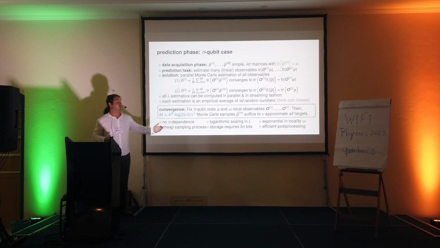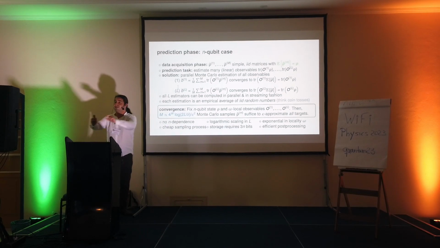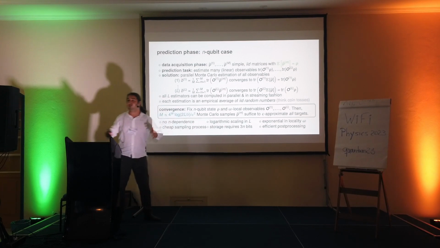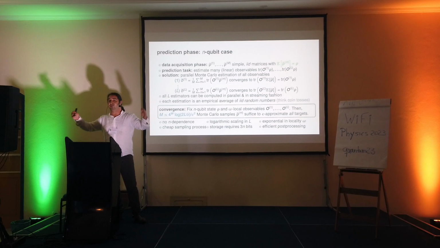And the storage of these individual Monte Carlo approximations is also cheap, because it's elementary tensor products. If you do it smartly, you can get by with 3 times n bits. For 100,000 qubits, that's 3 times 100,000 bits. It's not 3 to the 100,000 bits. Big difference. And the post-processing is efficient, because again, we have this tensor product.